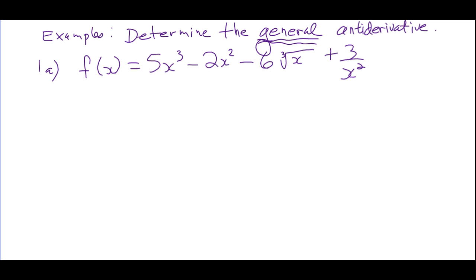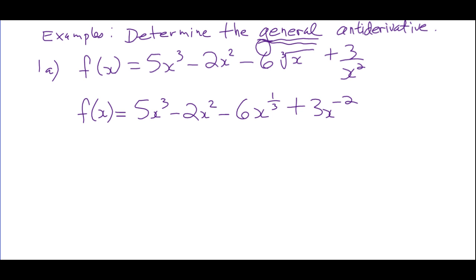So, first step, let's rewrite this so that everything is just stated as a power of x. 5x cubed minus 2x squared minus 6 x to the 1/3 plus 3x to the negative 2.